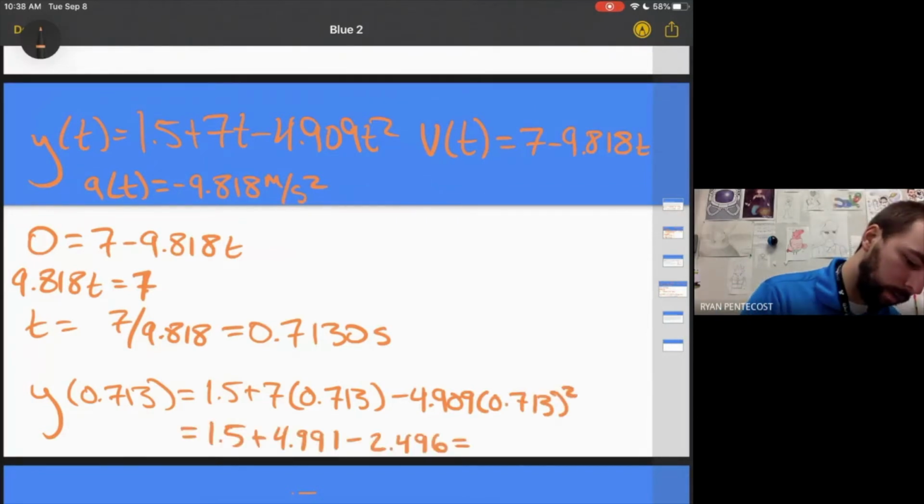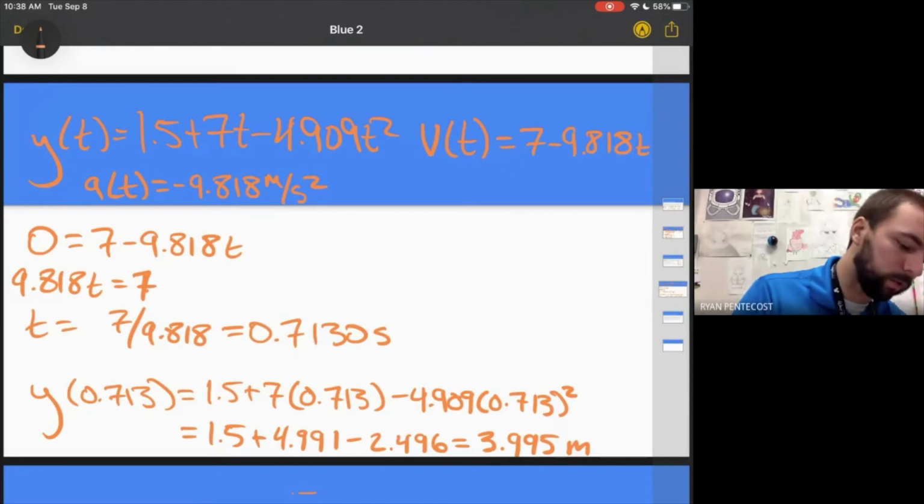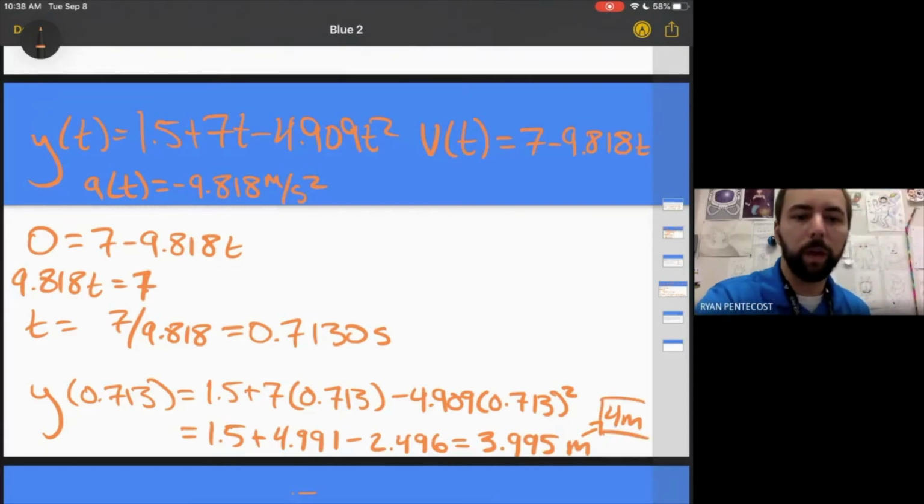That is a height of 3.995 meters. And to put our answer in the appropriate sig figs, that would be 4 meters. So at the top of the ascent, our position for that baseball is 4 meters high.